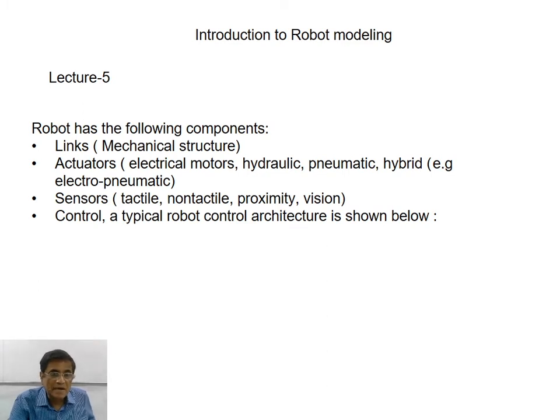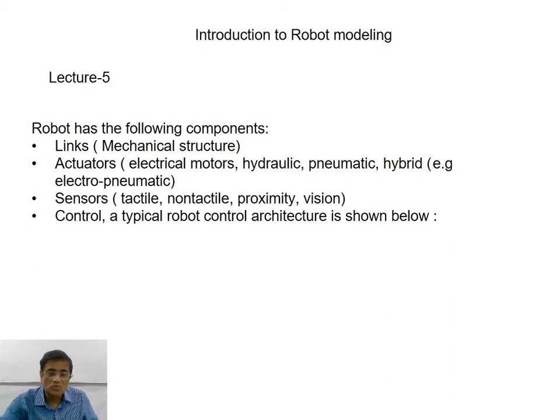Our limbs are actually moved by actuators. The technical term is actuators. For us, the actuator is muscle. So muscle is actually making movement in our limbs. For robot, it is called actuators, and there are different types of actuators.